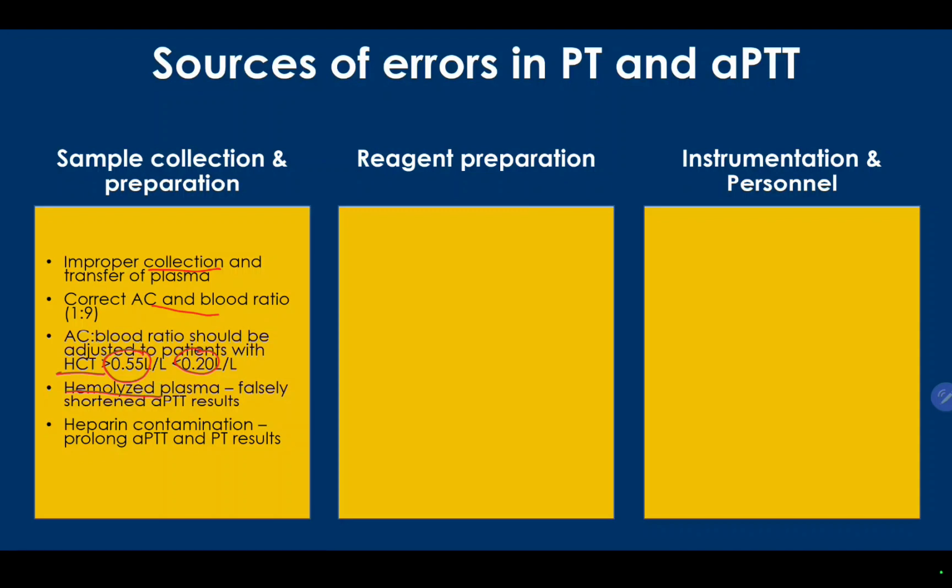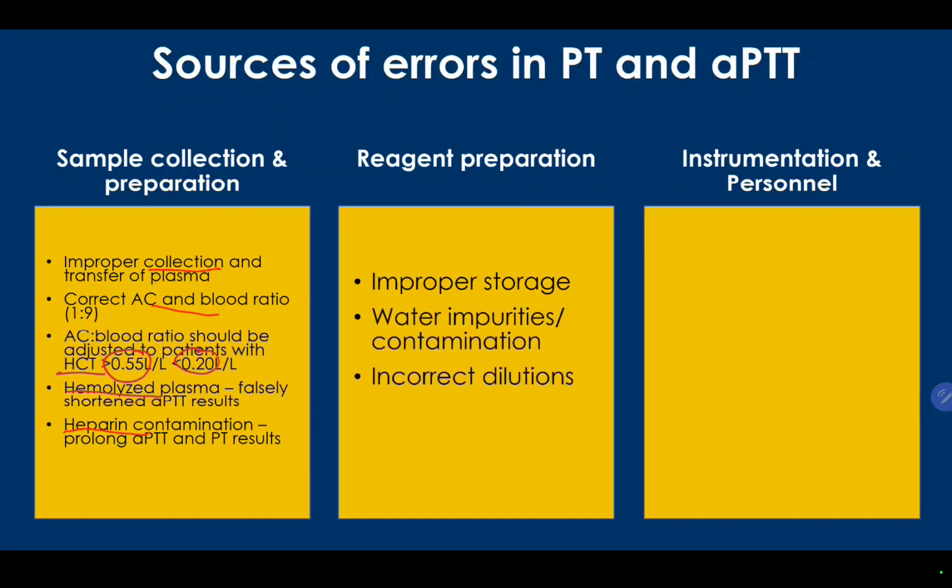And also, unexpected heparin contamination from heparin locks can lengthen APTT and PT results. For the reagent preparation, reagents may be affected by improper storage, water impurities or contamination, and incorrect dilutions. Reagents should be tested for sensitivity every now and then for the integrity of the test.